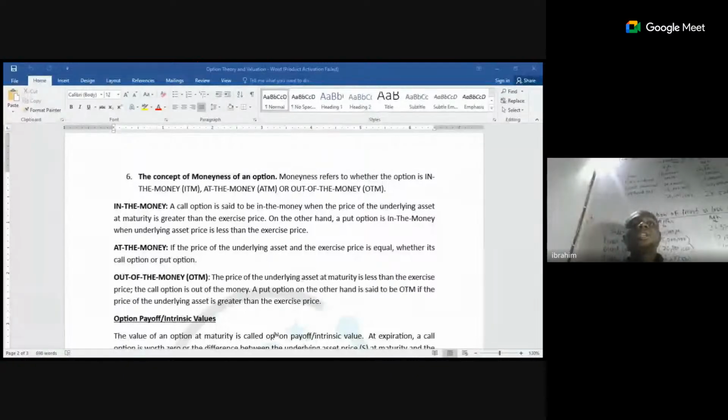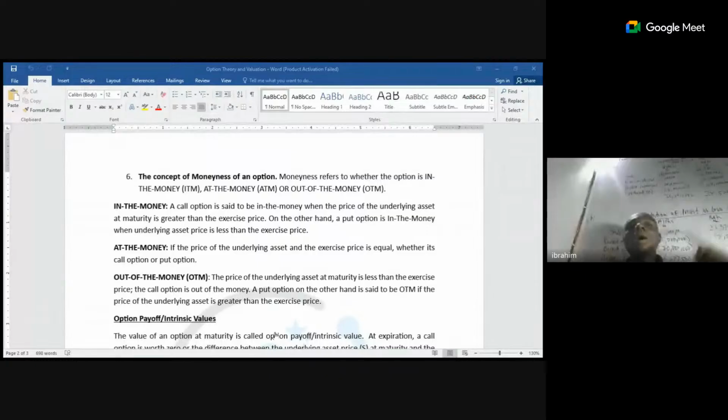Yes, let me use that word, to buy, because a call option is an option to buy the stock in the option market in December, maybe at 15 naira. You exercise your right to buy those shares at 15 naira. That is the exercise price.